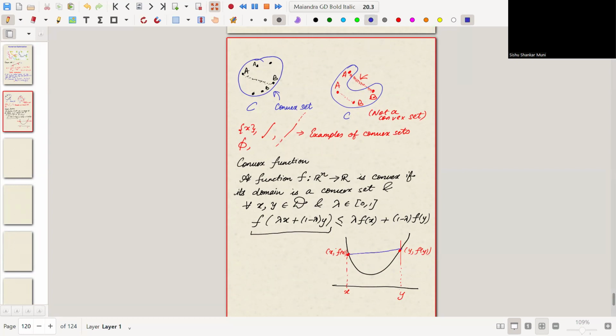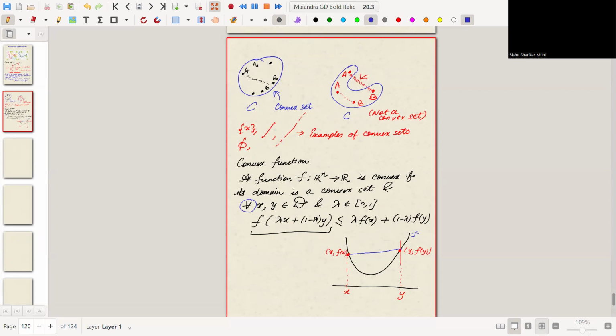You have a function f here. This is your function f, the black curve. And I'm taking any two points x and y. It is applicable for all points x and y, so it need not be only one choice. It can be any choice.